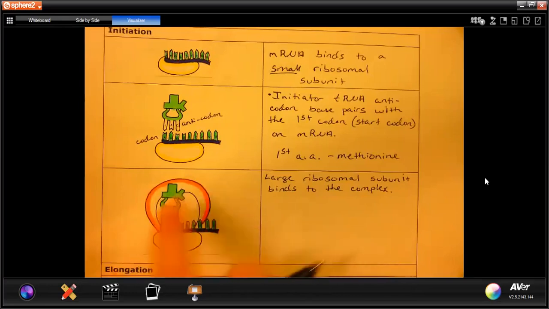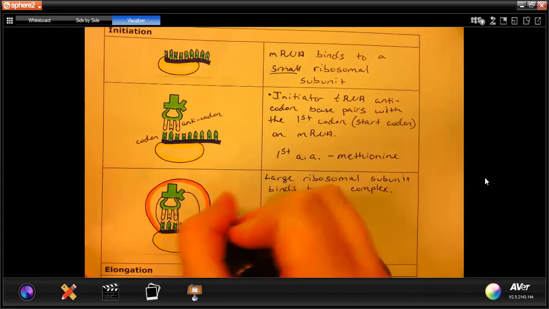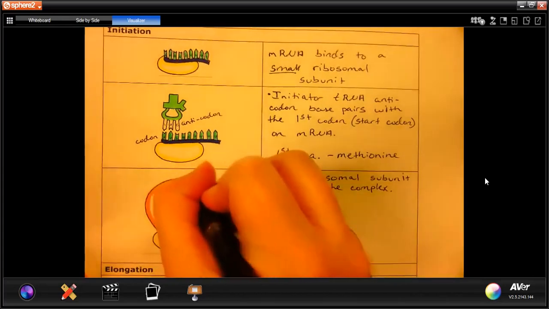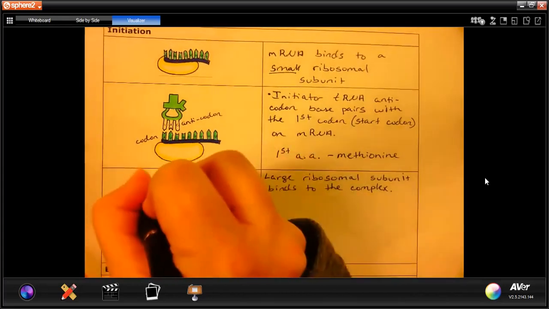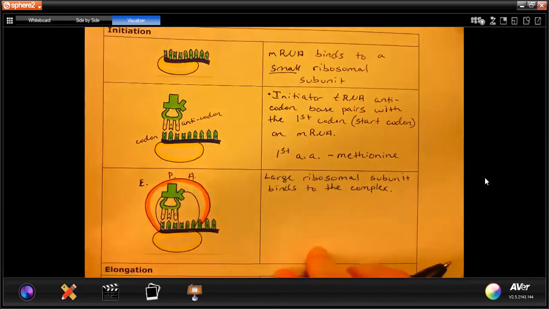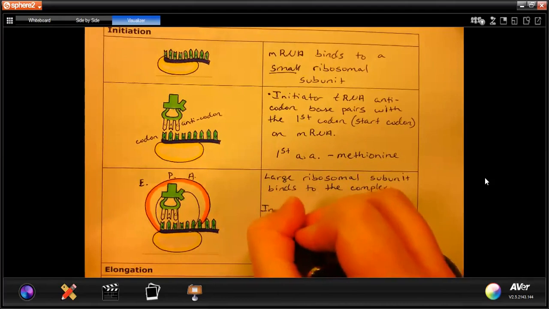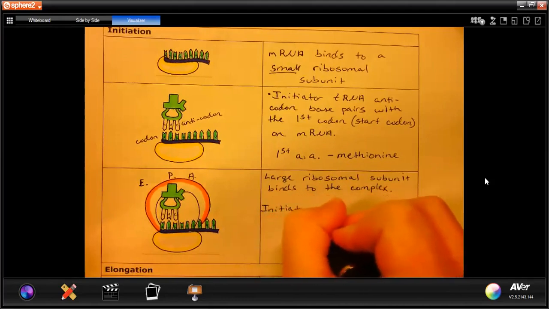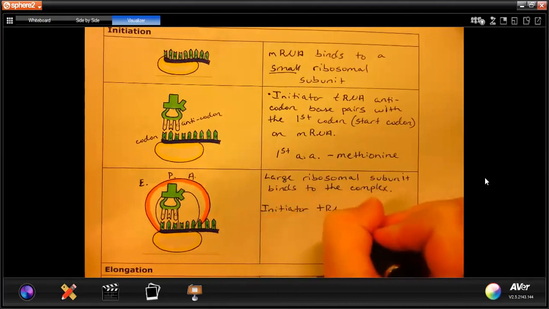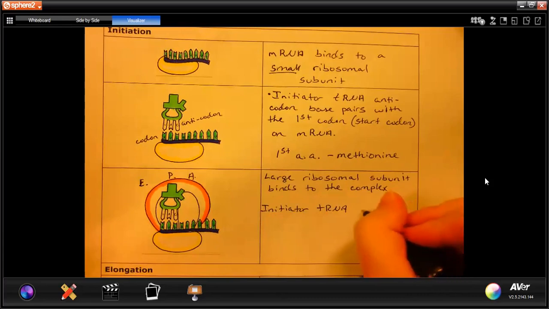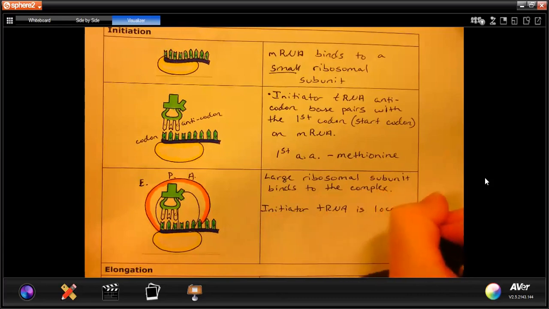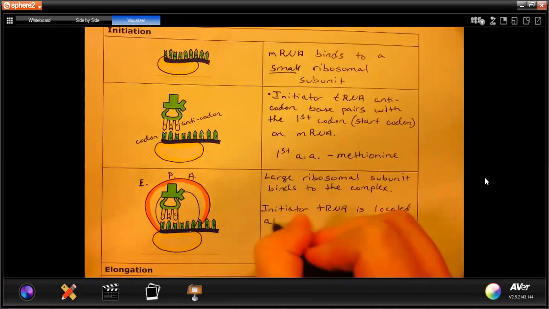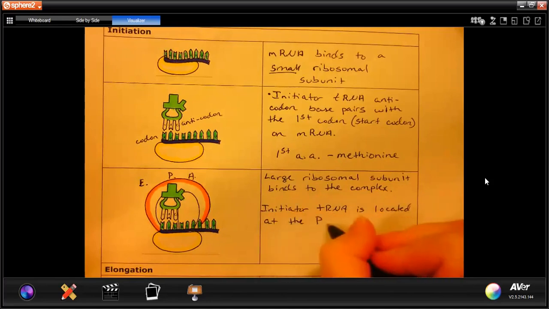When the binding happens, this ribosome, and this whole worksheet, is only showing you the A, I'm going to write that up here, and the P sites, but don't forget there is an E site, known as the exit site. So the initiator tRNA is located at the P site.